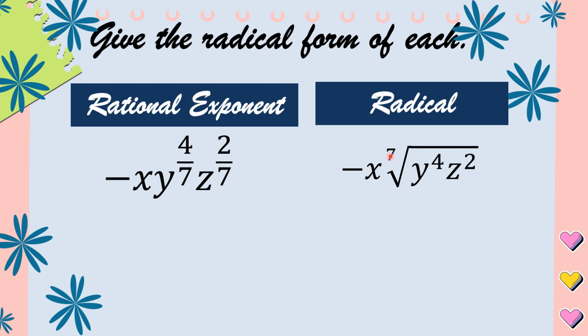So 7th root of y raised to 4, and z raised to 2. So remember that the numerators of the rational exponents become the exponents of the radicand. We call the expressions inside the radical symbol the radicands.